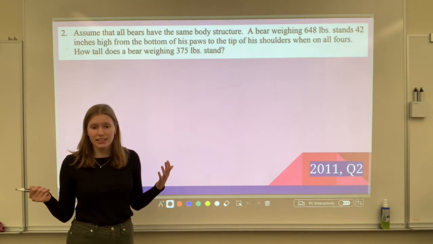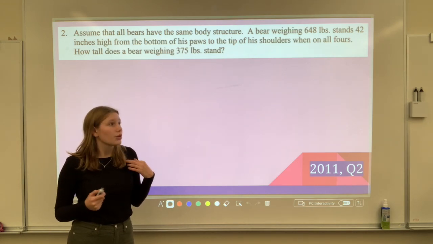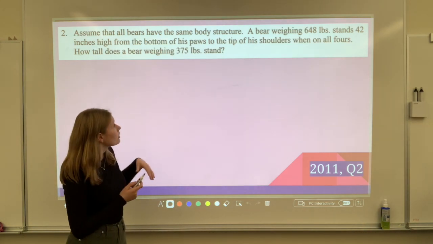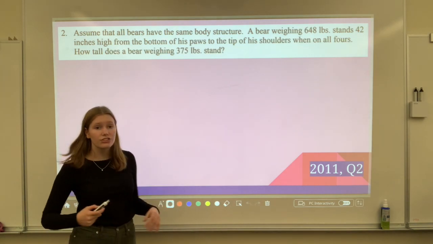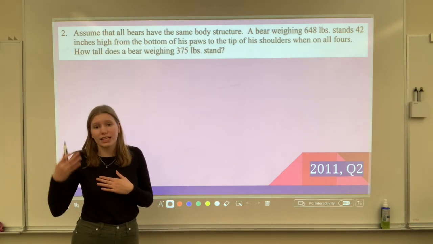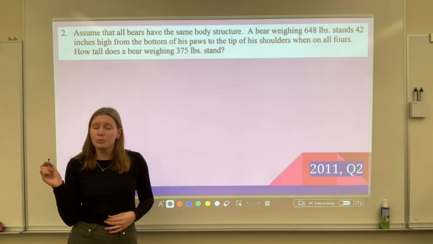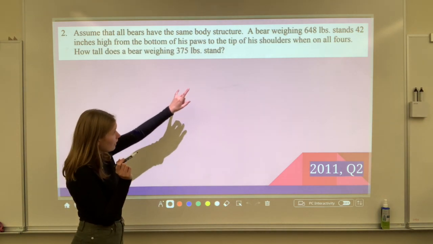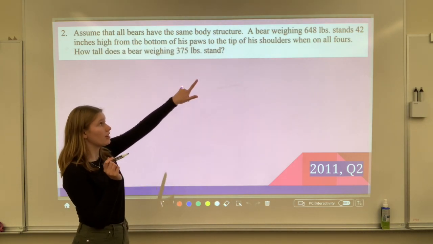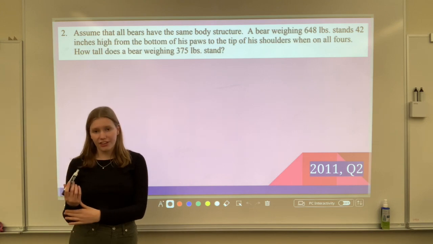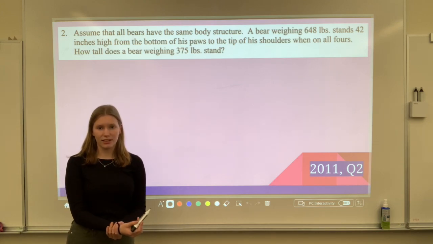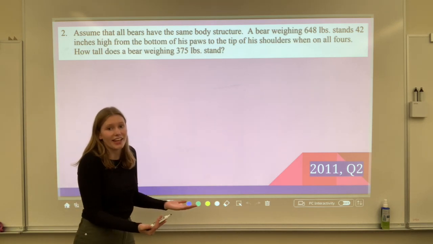And since height is inches, or inches to the first power, it's not inches squared, not inches cubed, we're going to have to find the cube root of the ratio between the bears' weights to find the scale factor, to find the ratio between the heights, to solve for the height.